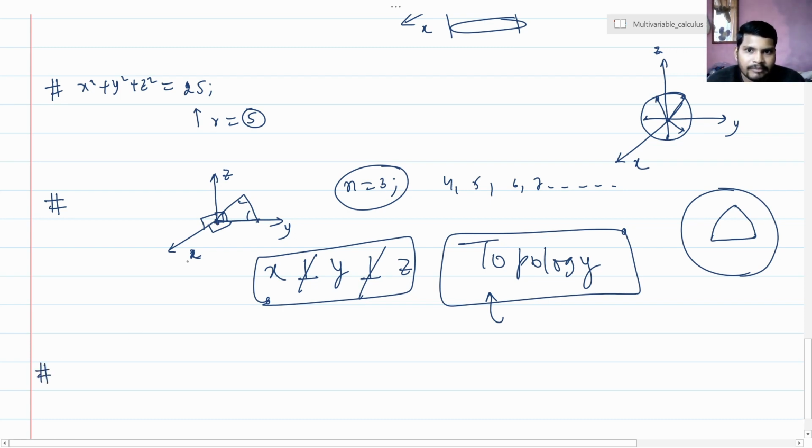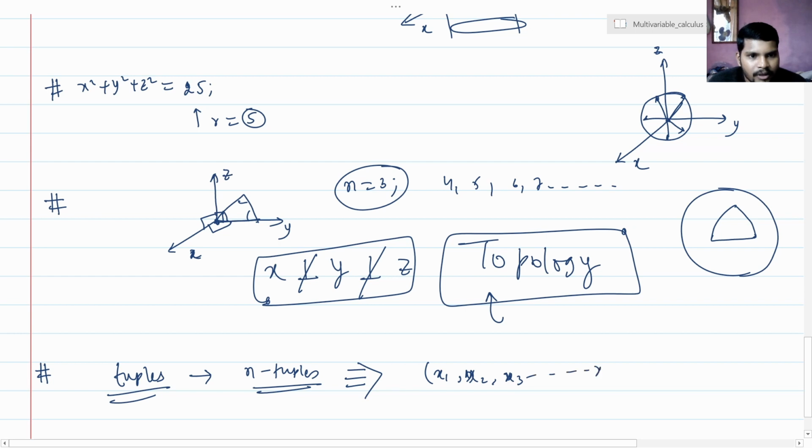When we talk about x, y, z, these are a collection of numbers, and we are going to call this collection of numbers tuples. In n dimensions we have n tuples, and we are going to label them x1, x2, x3, x4 and xn.